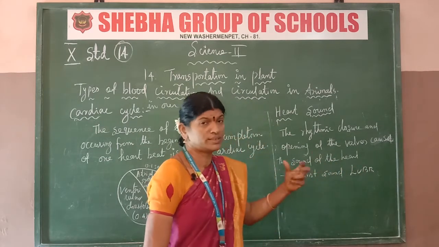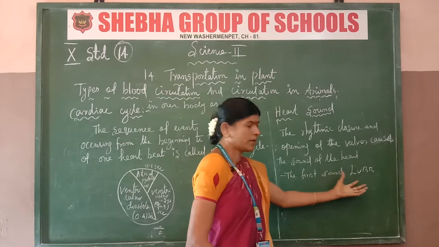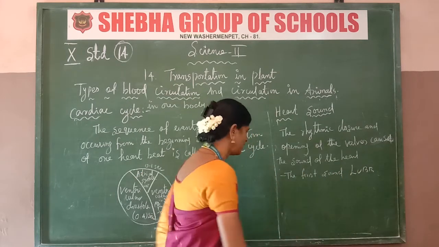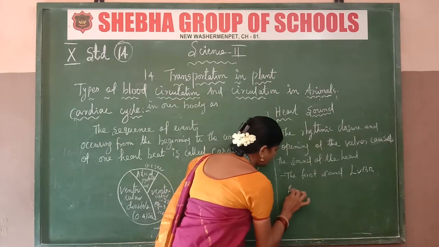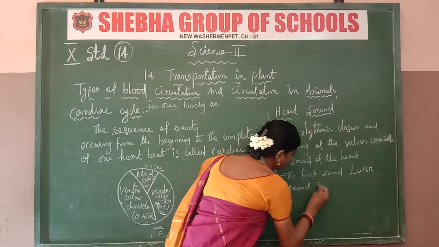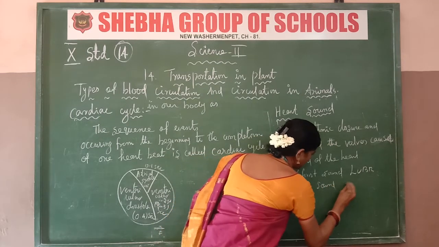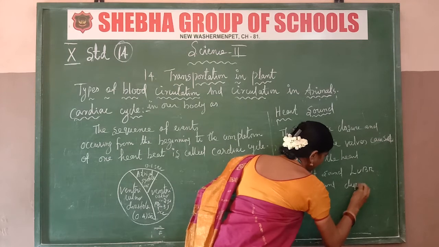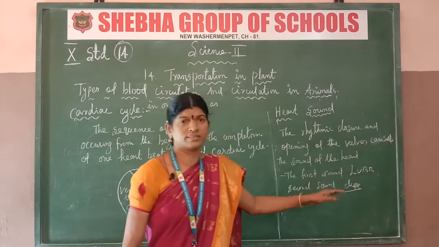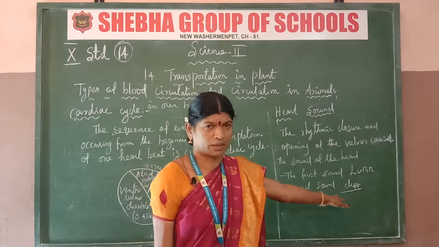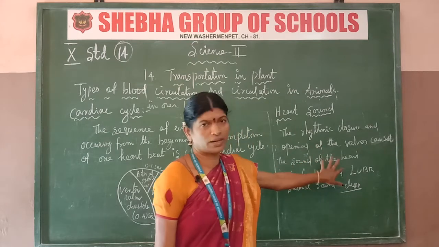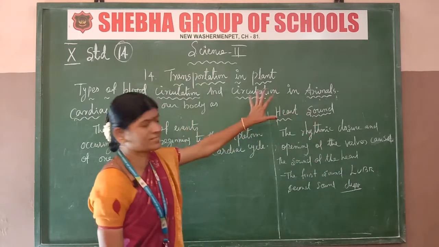The second sound is dub. This is a shorter duration. So lub, dub is called the heart sound. It's clear?